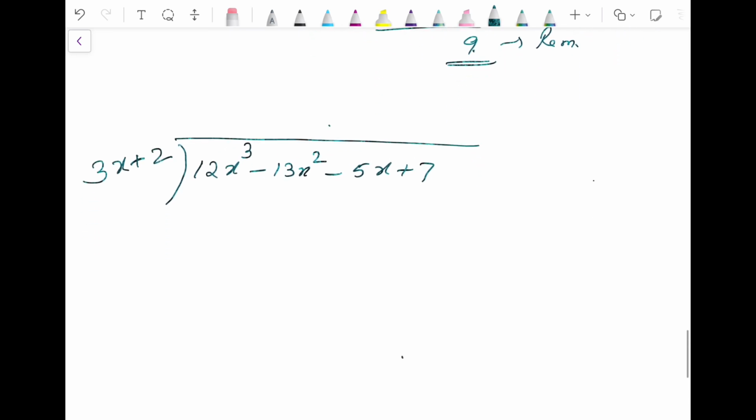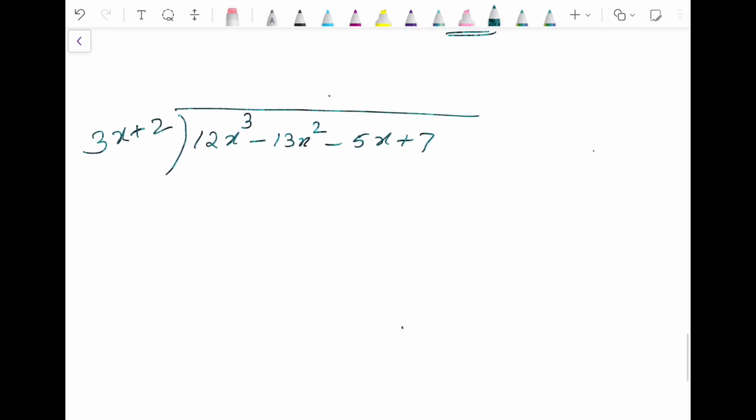We will do one more problem. Here all the terms are there and it is written in descending order. So, 12x cube. Multiply 3x into something equal to 12x cube. So, 4x squared. So, 4x squared gives 12x cube plus 8x squared.